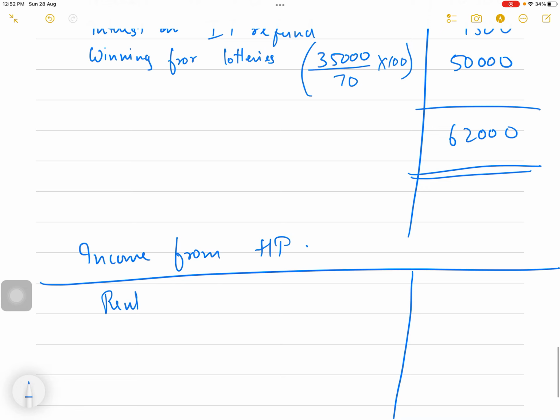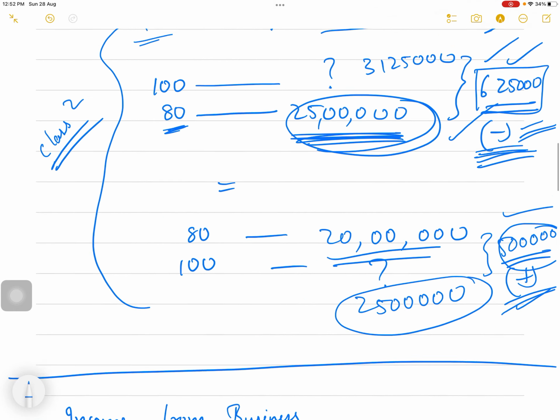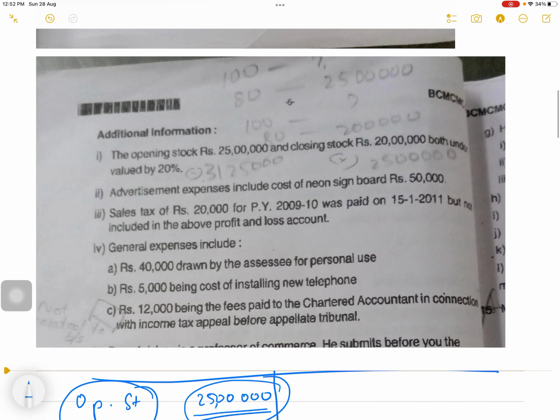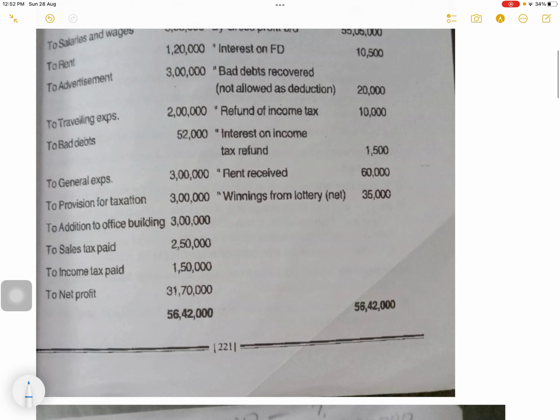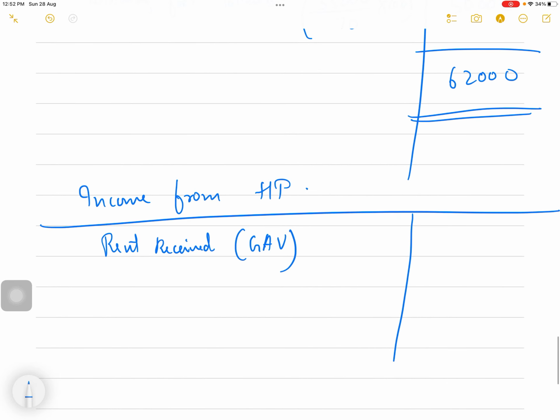Income from house property. Two columns, particulars, amount, rent received. Municipal tax, fair value, standard rent, all that is not there. So rent received itself is my GAV, and rent received is 60,000. Less 30% standard deduction.